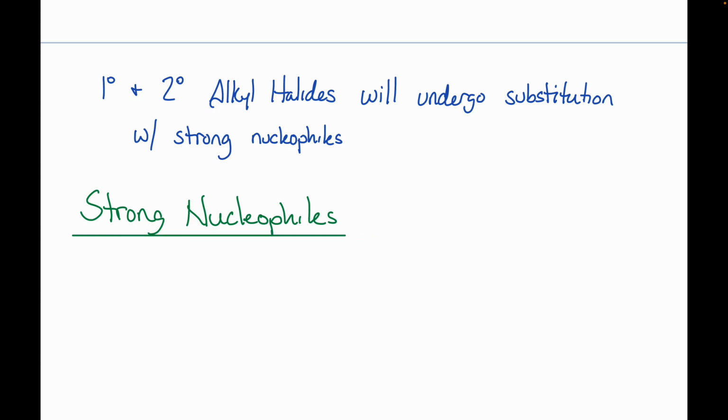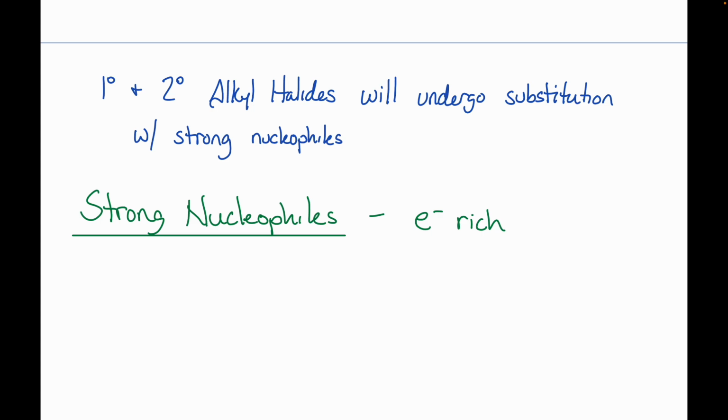Remember, when you think about nucleophiles, the most important thing to remember is that they are electron-rich species. Nucleophiles are the ones that have a bunch of electrons. So all of our strong nucleophiles have this one structural feature in common, that net negative charge.